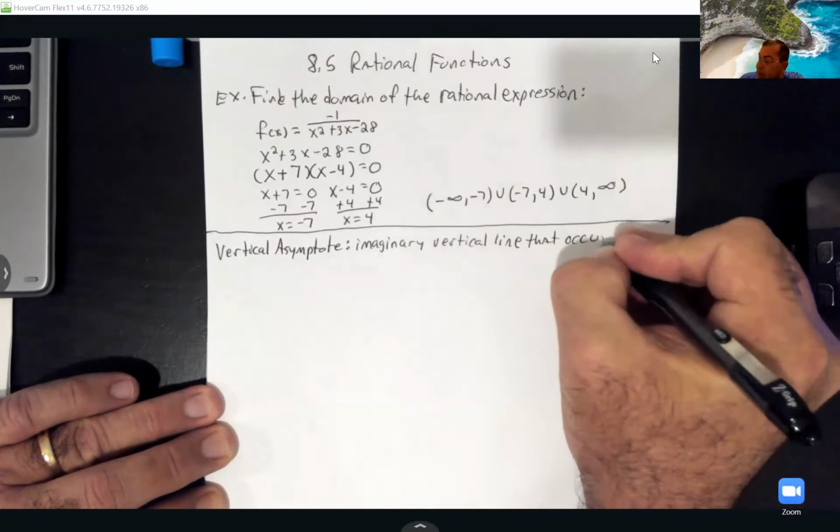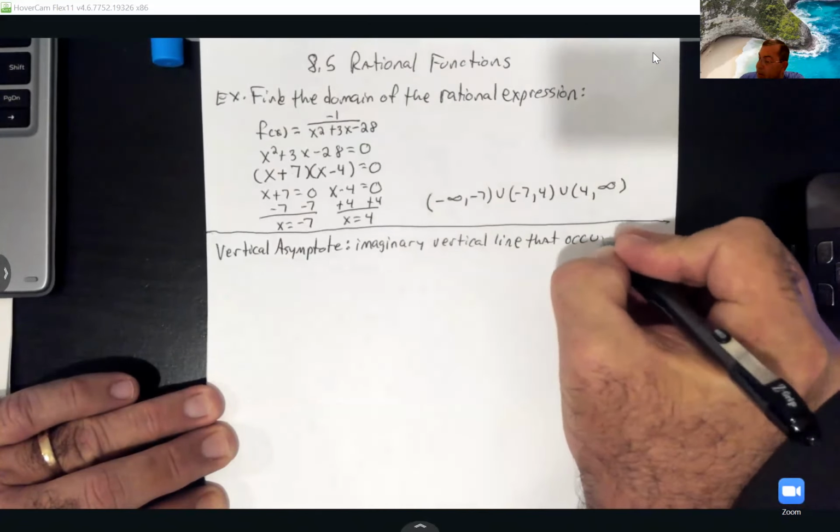So an imaginary vertical line that occurs where the function is undefined, and the graph cannot cross over the line. Okay, so the graph cannot cross over these imaginary vertical lines, okay? Now, they come in the form of an equation.